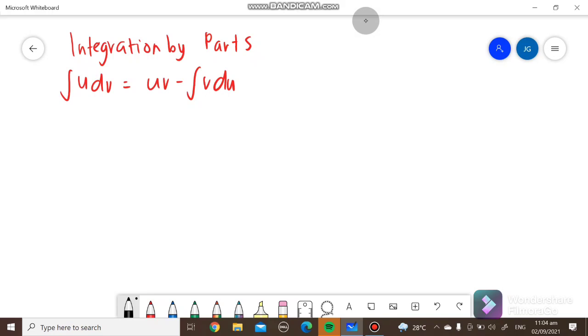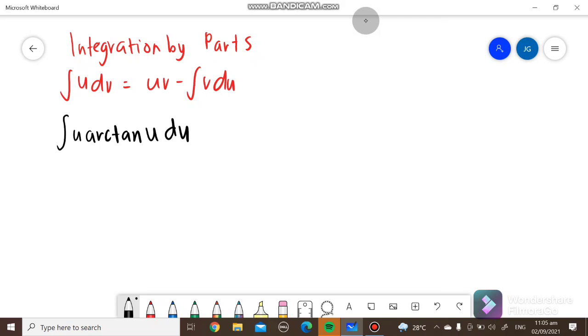Okay, so let's have the sample: the integral of u arctan u du. Since we're already using the variable u here, we can use other variables so we don't get confused.